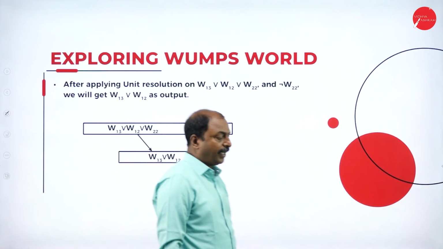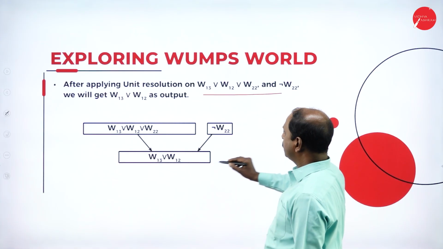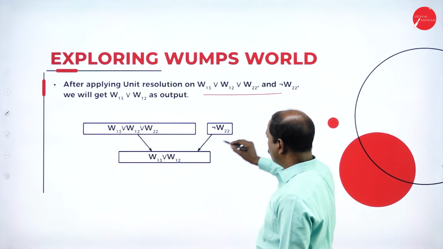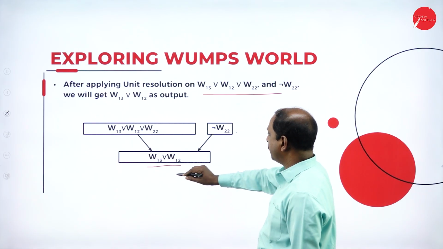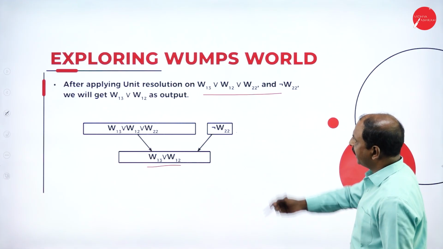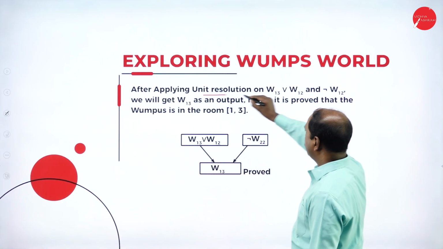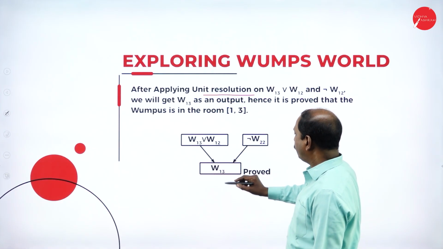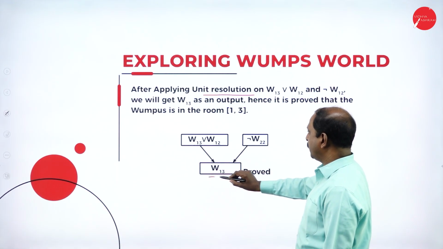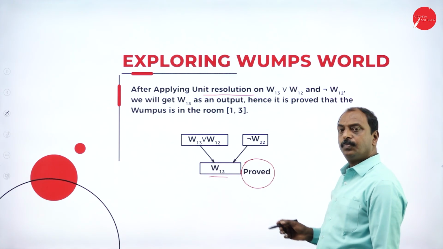Again, after applying the resolution formula on these variables, we are left with two variables, that is W13 and W12. And in the final step, again applying the unit resolution formula on this, out of these two, we are left with W13. W13 is the location of the Wumpus, that is proved.